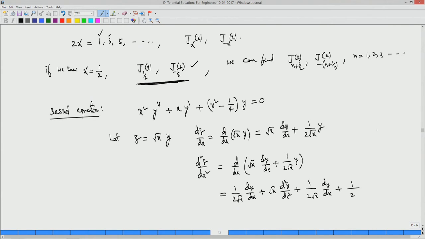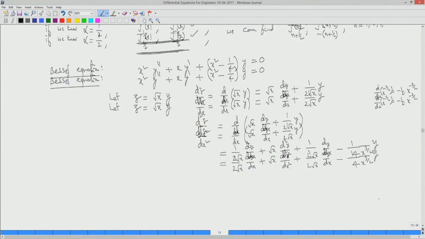What is the derivative of x power minus half? That is minus half x power minus 3 by 2. So, that is going to be minus 1 by 2 into 1 by 2, that is going to be 4 x power 3 by 2, into y. This is what you have.